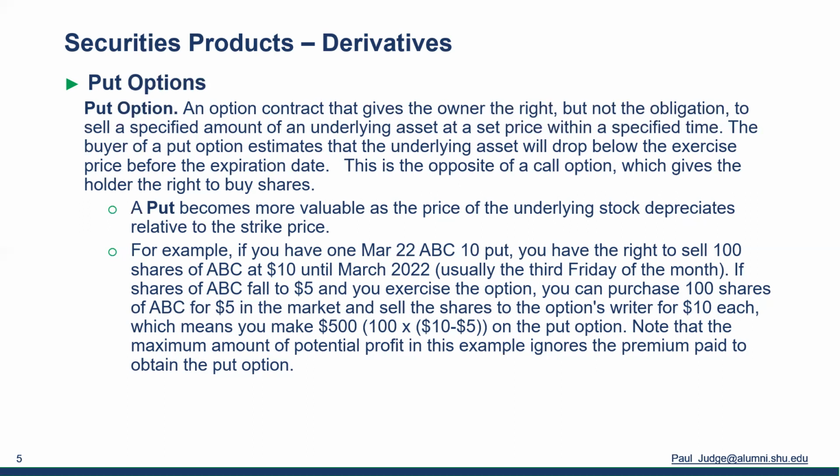So you could buy it for $5 and sell it for $10. Hence, you would make $500 on 100 shares. That's what a put option does. A put option is betting that the stock goes down. The call option bets the stock's going up.